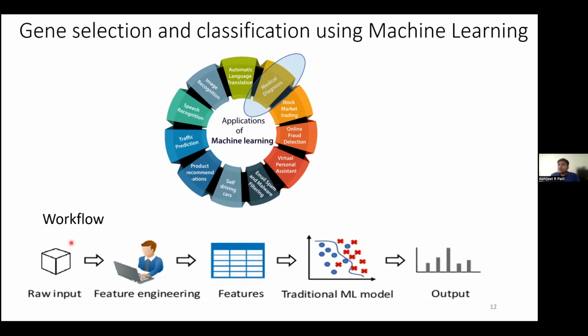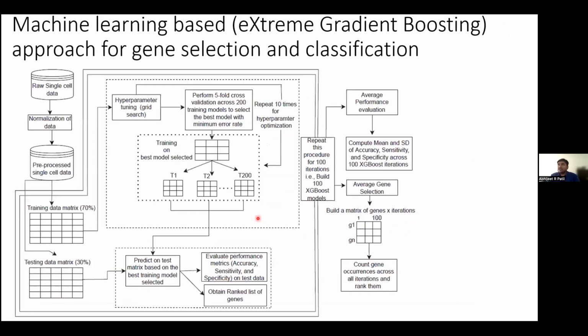So we have the raw measurements, which is the raw single cell data, and we do the feature engineering, that is, identify the best features, and then apply the traditional model to classify whether it's a disease or a healthy state.